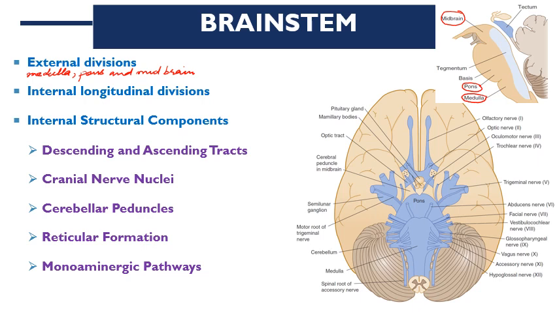The internal longitudinal divisions of the midbrain include number 1, tectum, number 2, tegmentum, and number 3, bases. In this manner, the pons is composed of two major parts.